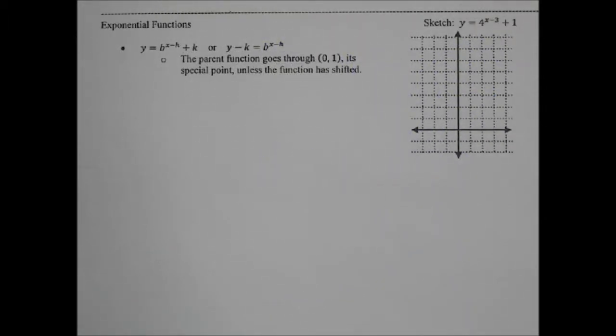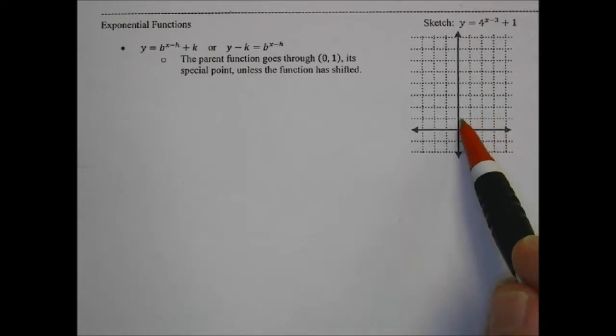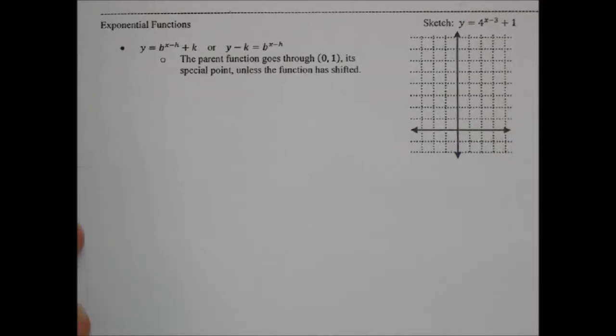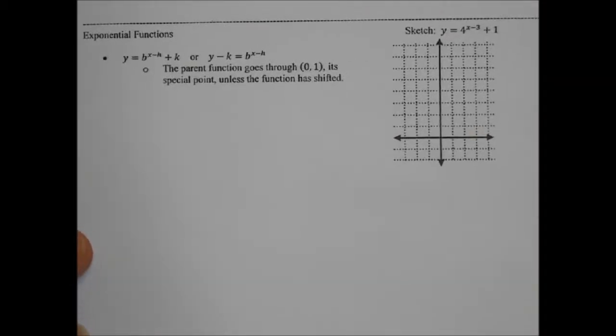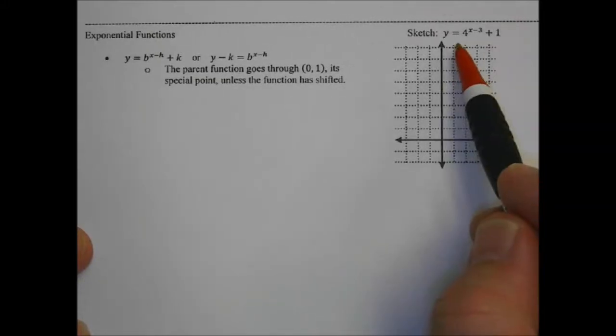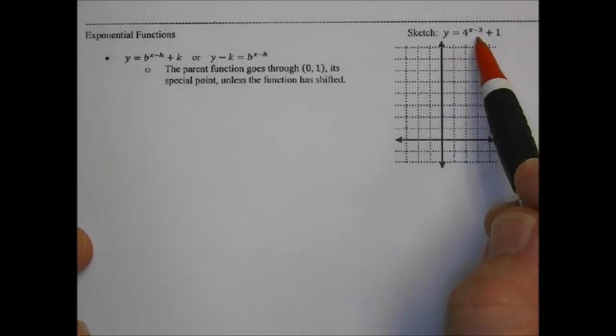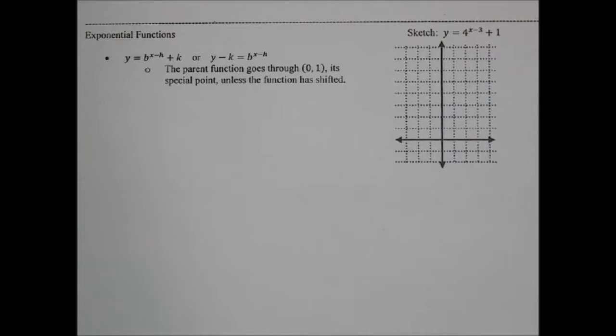Next up, we'll look at the exponential function. They're a little bit trickier because remember the key point in the parent function is not at 0, 0 like all the others. The key point is at 0, 1, and that'll come into play in a second. So let's look at this first function. Y equals 4 raised to the x minus 3, plus 1.